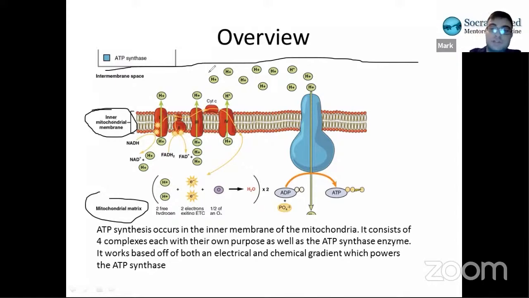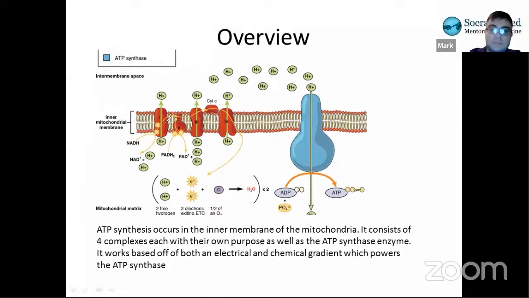Part of the electron transport chain, there are 4 complexes, complex 1, 2, 3, and 4, shown here, each with their own purpose, as well as this big enzyme called ATP synthase, and it's very easy to remember. Synthase synthesizes ATP. It works based off both an electrical and chemical gradient, which powers the ATP synthase, as shown here with these hydrogen H+ molecules.